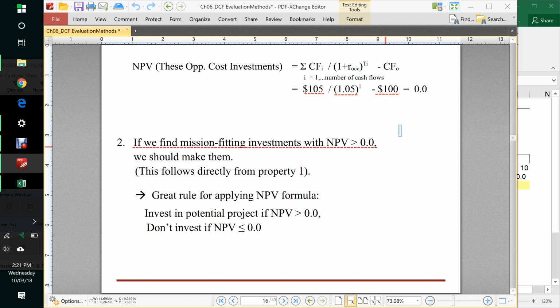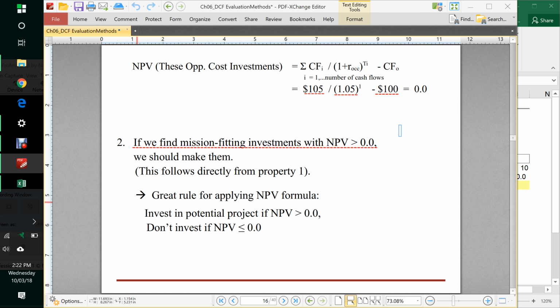Someone else comes along with a development project and says, hey, I'd like you to invest in my project. We'd get the NPV. If it is greater than 0, that means that project should make us more on average, if we could keep repeating projects like that, than we would get from Blue-Green. So we want to go ahead and do it.